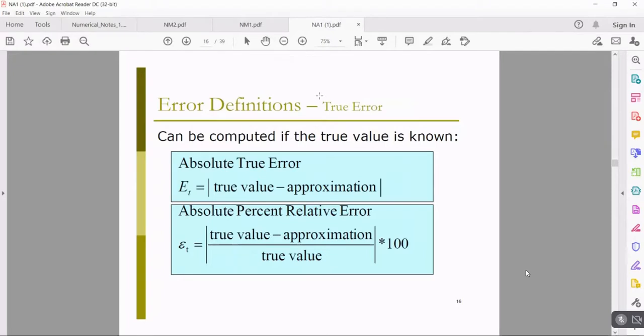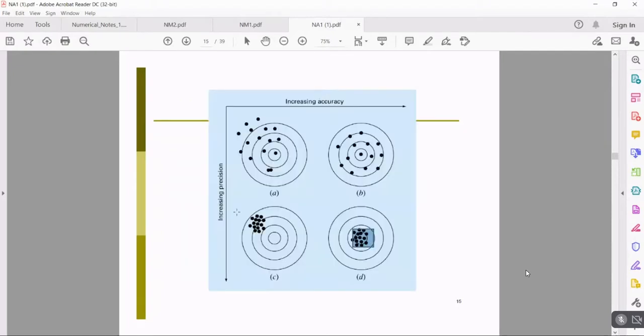Then we have error. One thing I want to say here: you can see that none of the sequence of approximated roots is going to our exact root, because the exact root is assumed inside this circle. So there are methods that fail to produce the exact root. This is the drawback of numerical techniques.